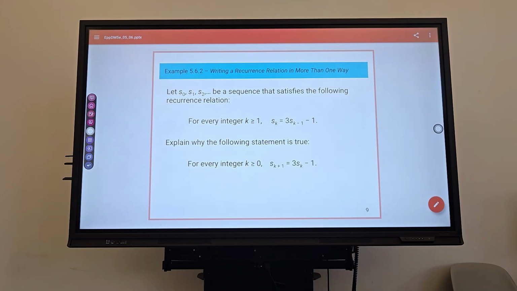For every integer k greater than 0, S sub k plus 1 equals 3 times S sub k minus 1. They're just shifting everything by 1.